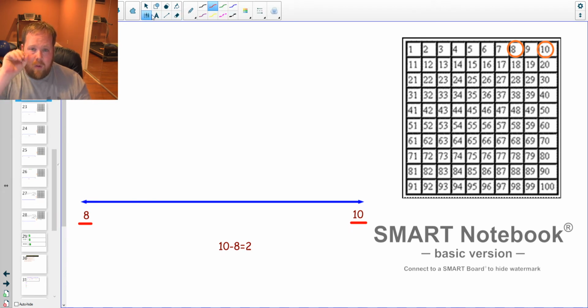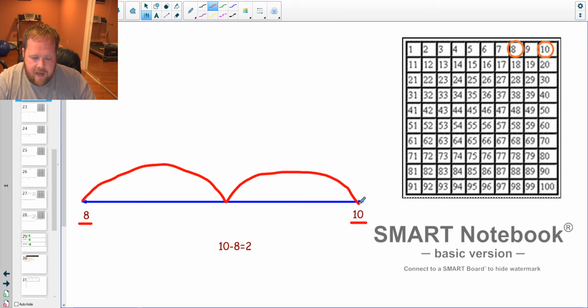If we cannot add tens, let's count by 1. 8, 9, 10. Piece of cake. We are going to do some that are a little bit more challenging, so stick around.